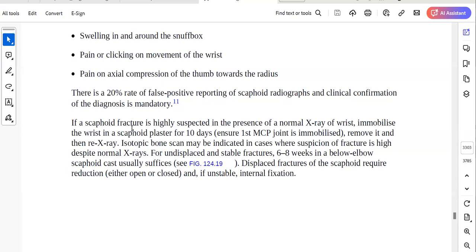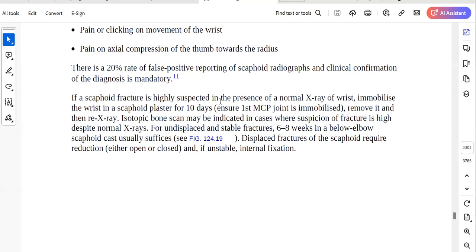So clinical diagnosis is very important. Someone who has had a fall on their hand, complaining of pain on the wrist, especially on the lateral side or base of the thumb, with tenderness on the anatomical snuffbox, even if the initial X-ray says there is no fracture, you will treat the patient as a scaphoid fracture.